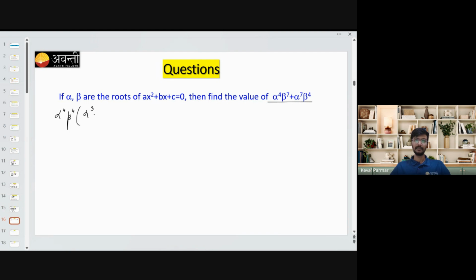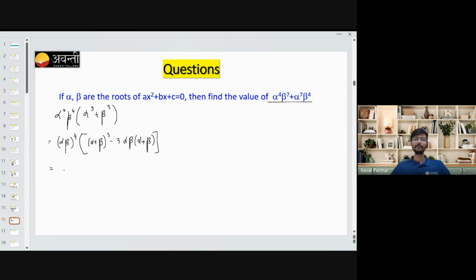I'll be left with alpha cube plus beta cube. Just now we have studied how to write the value of alpha cube plus beta cube. It is alpha plus beta, the whole cube, minus 3 alpha beta into alpha plus beta.